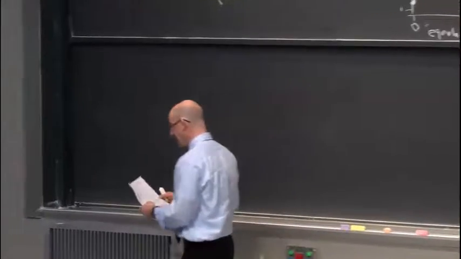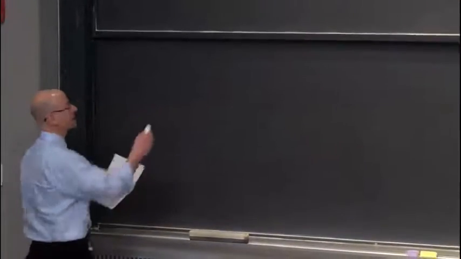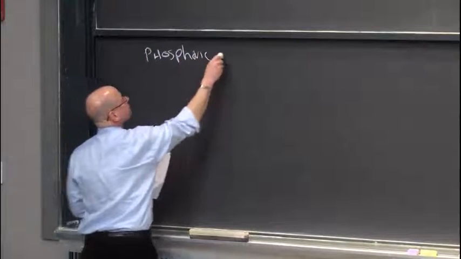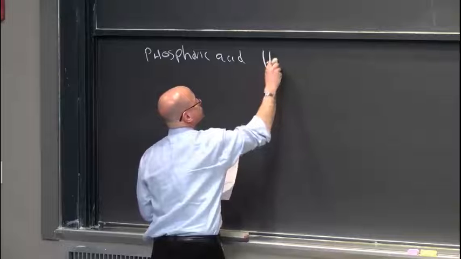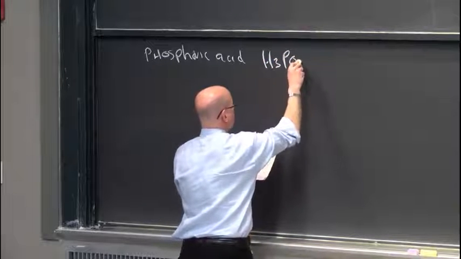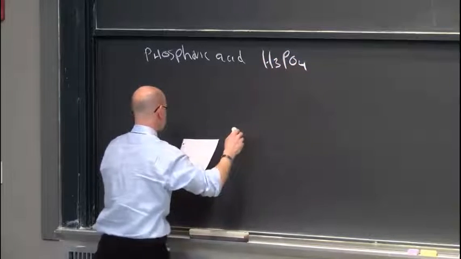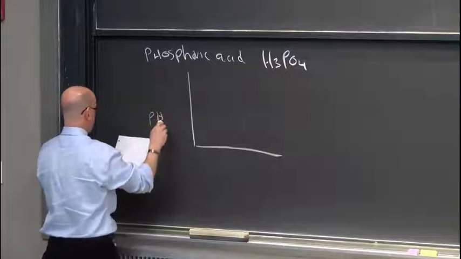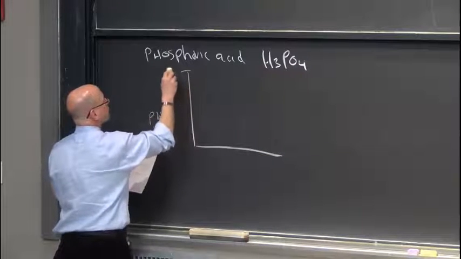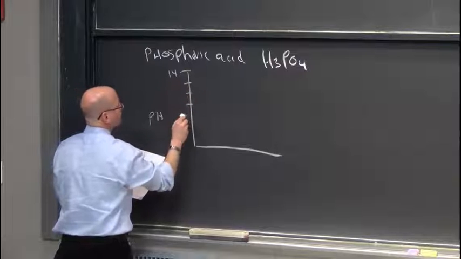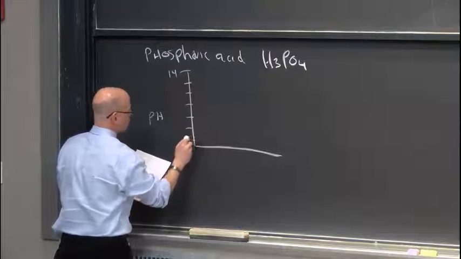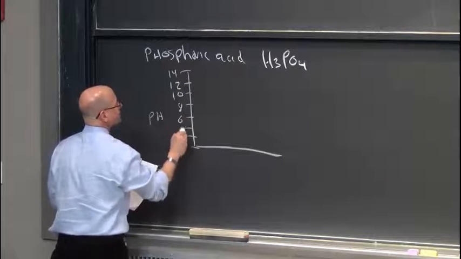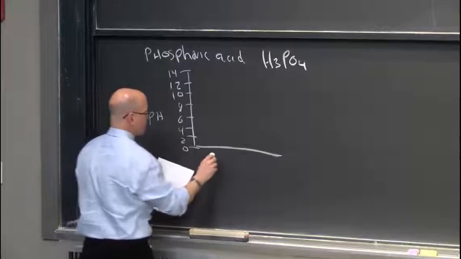I'm going to do the exact same thing, but I'm going to do it this time for phosphoric acid. H3PO4. Okay? And if I plot the pH, 12, 10, 8, 6, 4, 2, 0.